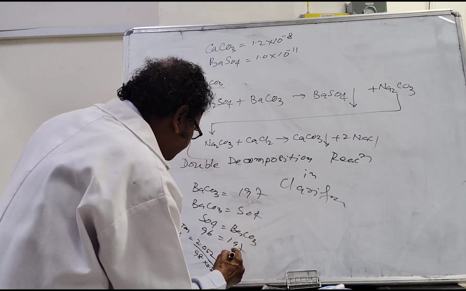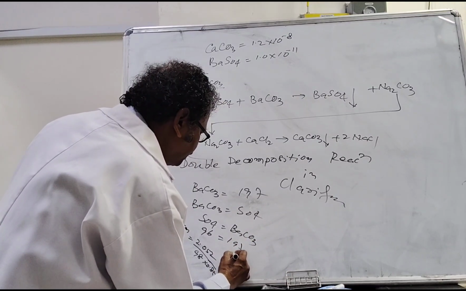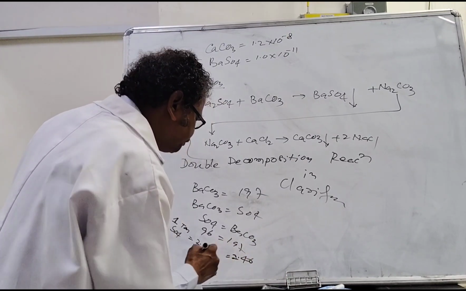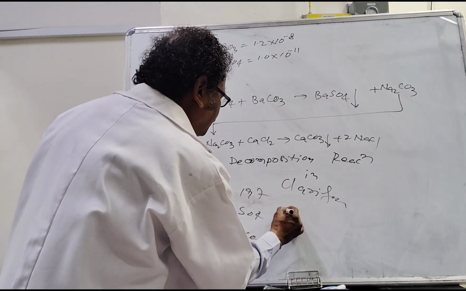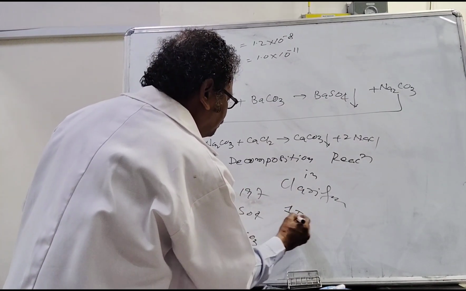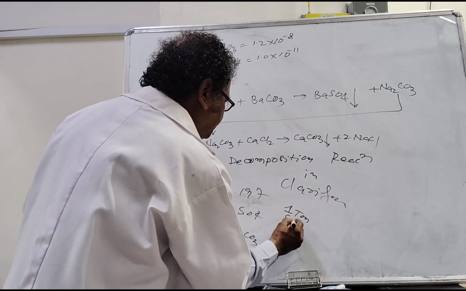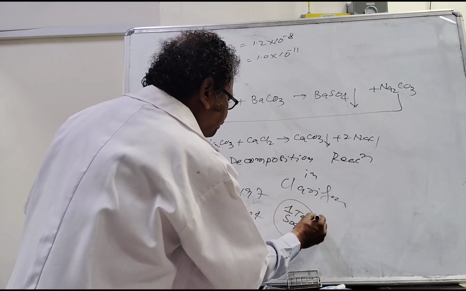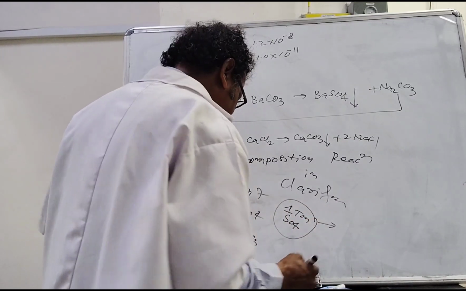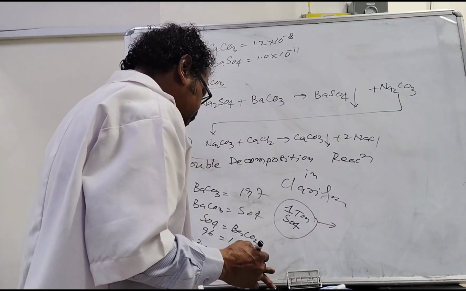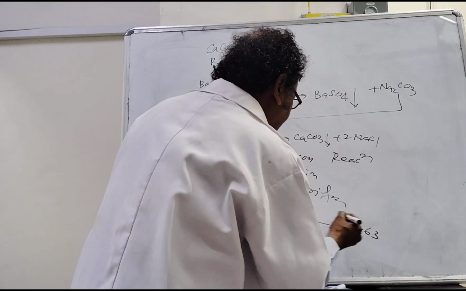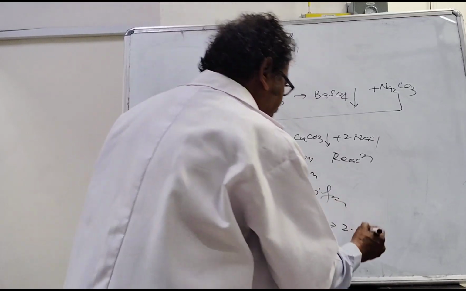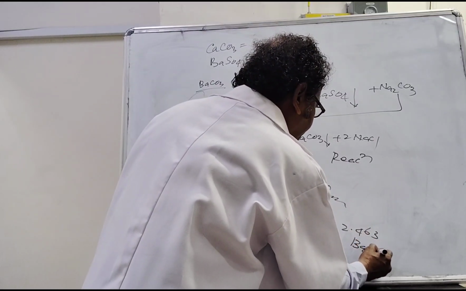Nearly it will give 2.46. 1 ton of sulfate will be removed by 2.463 metric tons of barium carbonate.